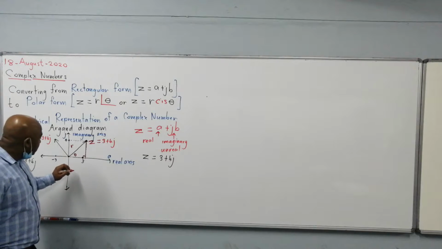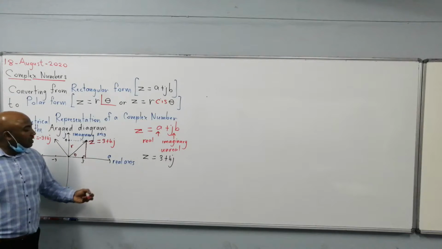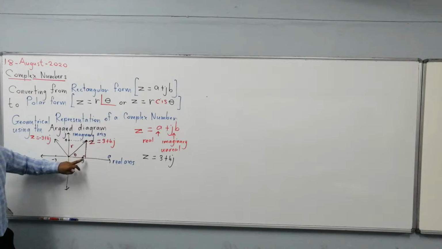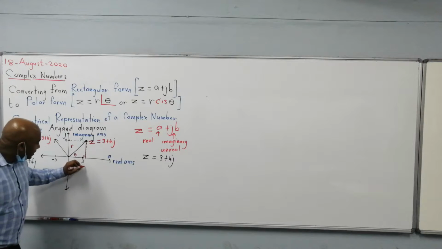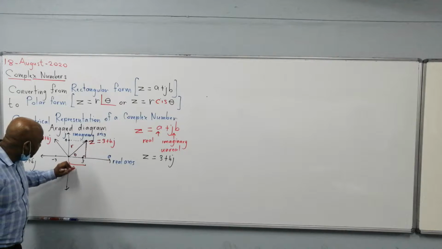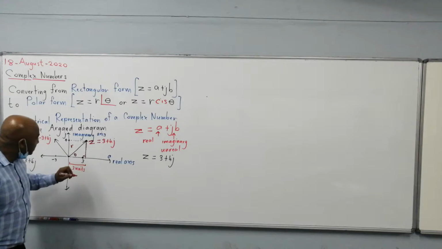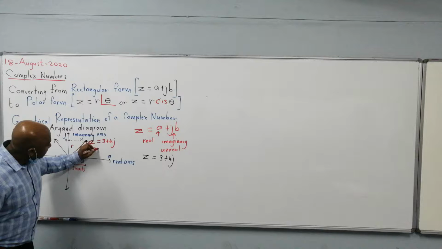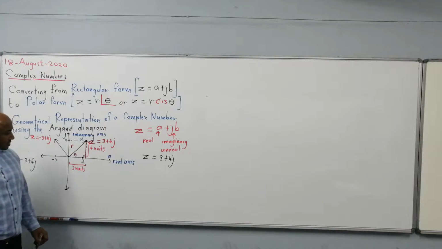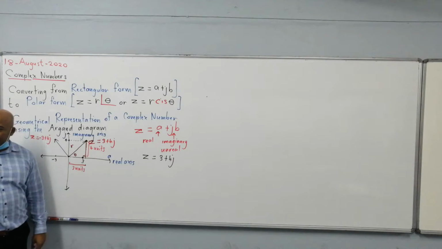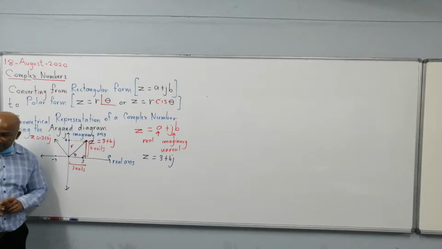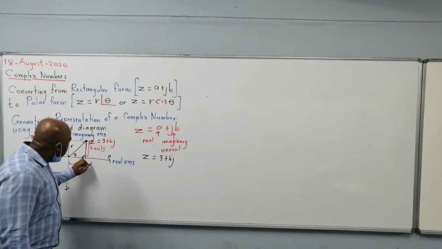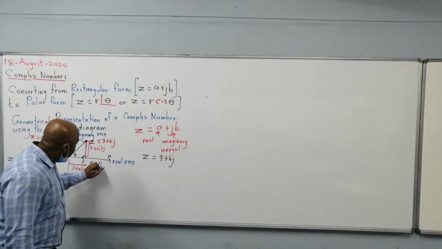Now, if I want to work out the value of r, I know that the distance from here to here is 3 units, and from the bottom there, this is 4 units. So what's missing is the hypotenuse. How will I work it out? What theorem can I use to work out that side? I can use Pythagoras.